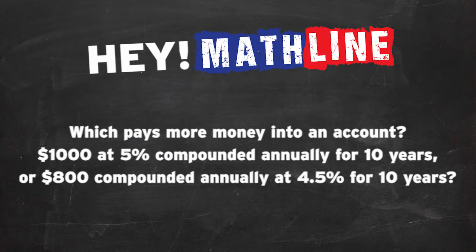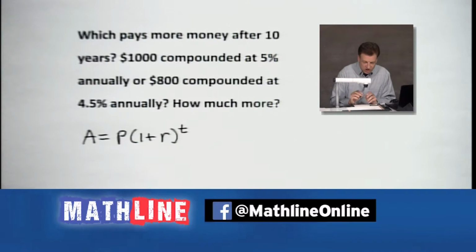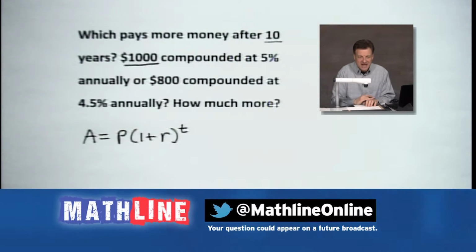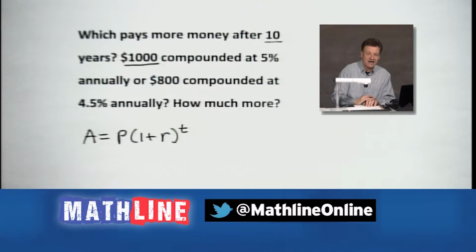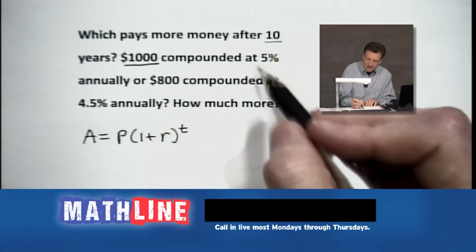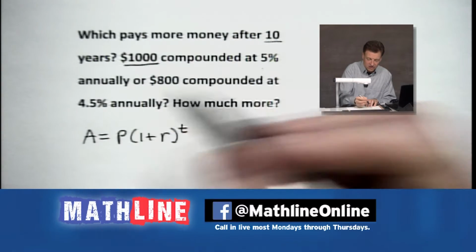So let's take a look at this, all right? So 10 years, that's flat for both of them, all right? And folks, the more you can invest, if you've got a sure deal, the better your return's going to be, all right? So that, first of all, gives me an indicator. Also, I've got a good deal going at 5% here versus 4.5%.